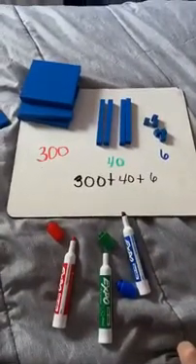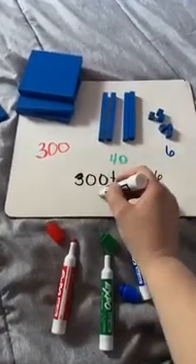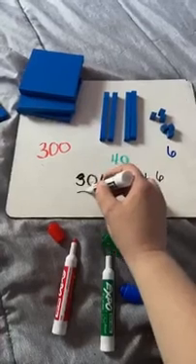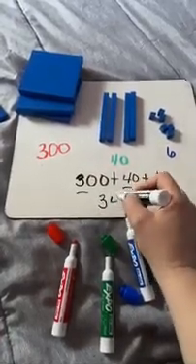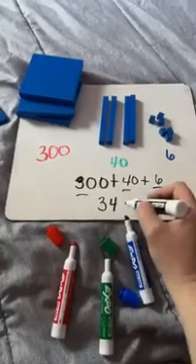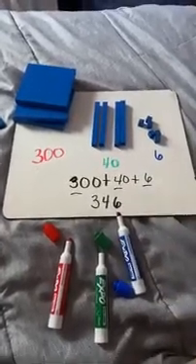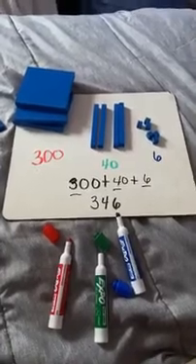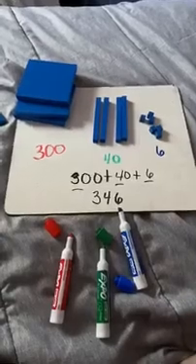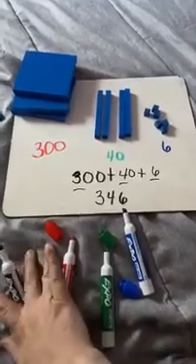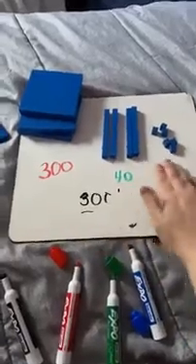And how would I write that number? How many hundreds do I have? 3 plus how many tens do I have? And how many ones do I have? 6. So 300 plus 40 plus 6 gets me to the number 346.